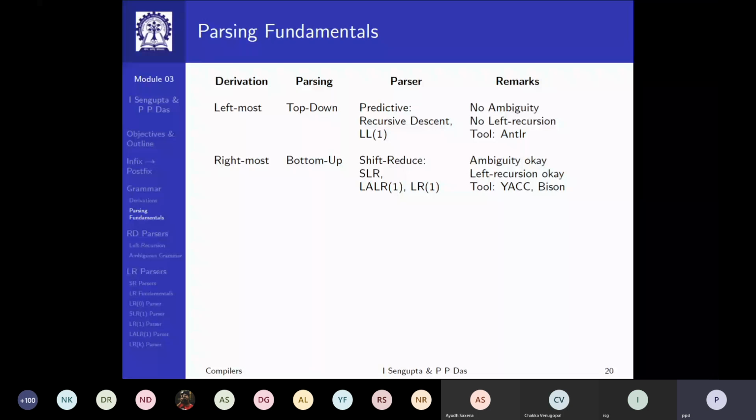Okay, so this is kind of what we did till the last class. Now we start by checking what could be a possible way to construct a top-down parser. There are a variety of top-down parsers.